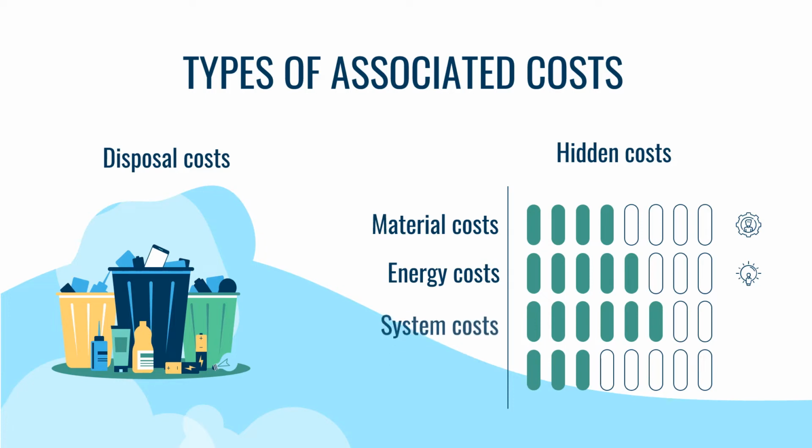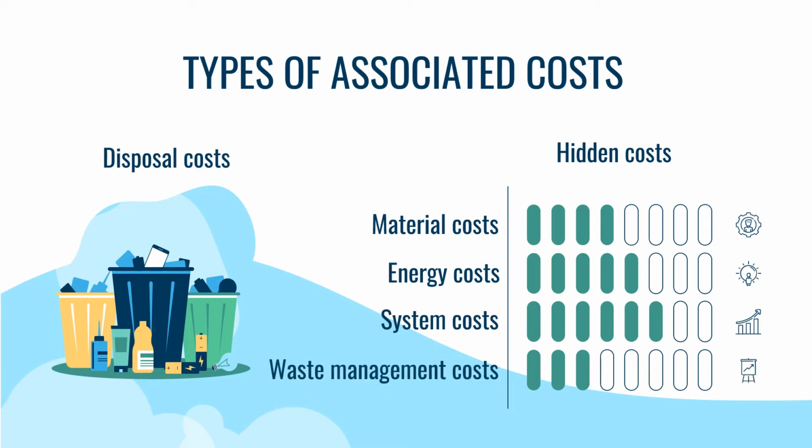Meanwhile, system costs refer to other costs incurred in the course of in-house handling of the material flows, for example, cost of labor, cost of depreciation and maintenance, and cost of transport. On the other hand, waste management cost is the cost of handling material losses generated in a production process. It includes the costs for on-site waste management such as the treatment of wastewater as well as costs for outsourced activities, for example the waste recycling or disposal.